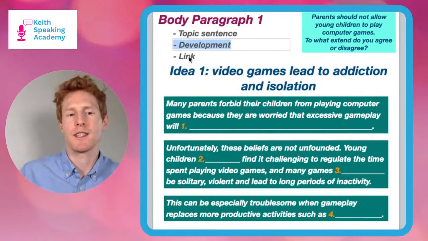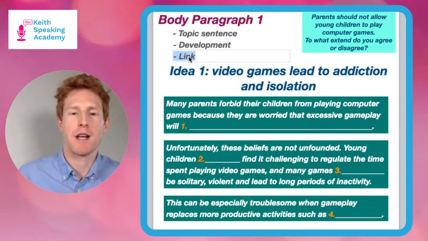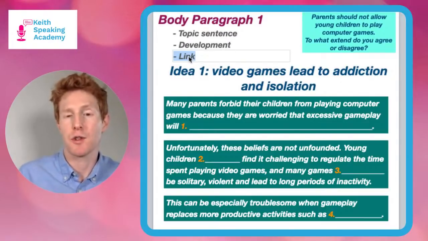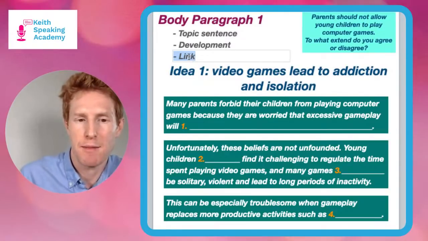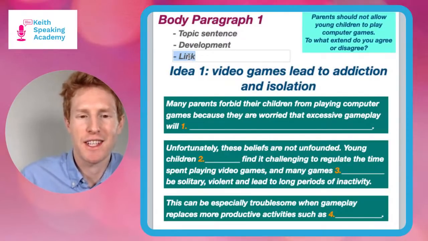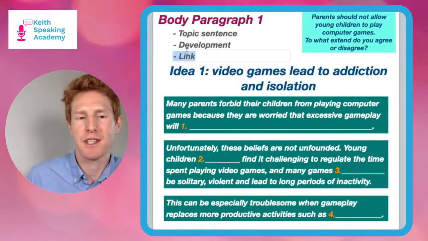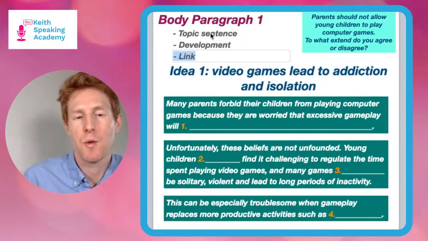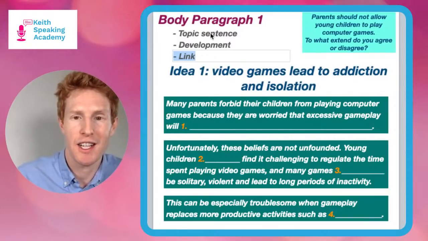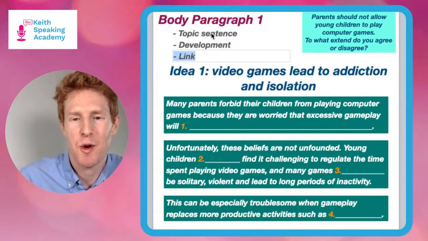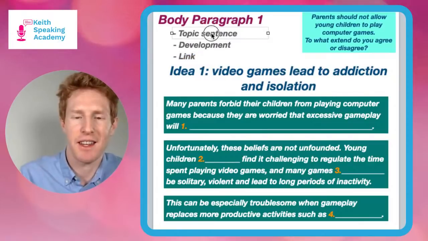So the topic sentence introduces the idea, the development gives details or an example about our idea, and then the link is a concluding statement about our idea. And if our paragraphs have these 3 points, we know that we're developing our ideas sufficiently for a high score in IELTS. So, Keith, maybe we can do this together.